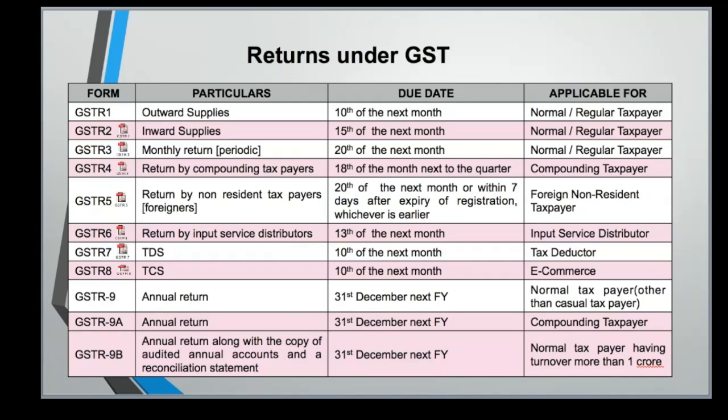So the return is there. Transition: Section 140 subsection 3, 5, and 140 subsection 1. Soon the government will give the TRAN-1 format, which has to be filed on the online portal. The online portal is not yet fully ready, I believe. Therefore, the utilities are coming in a phased manner. Also, one more important thing for compliance: please check your payments. Because now, if you are registered, you have the option to create the challan.